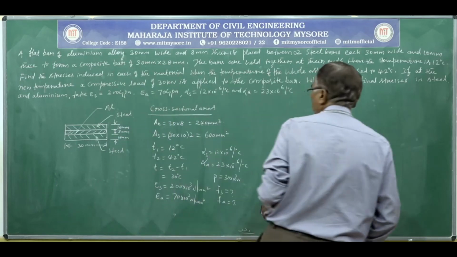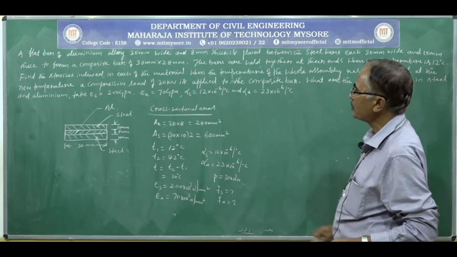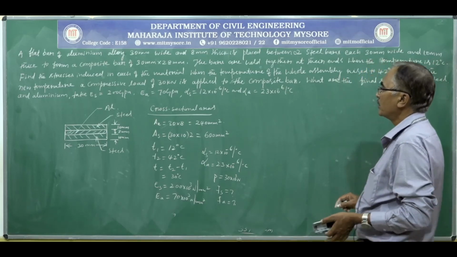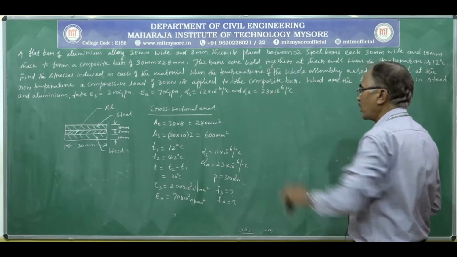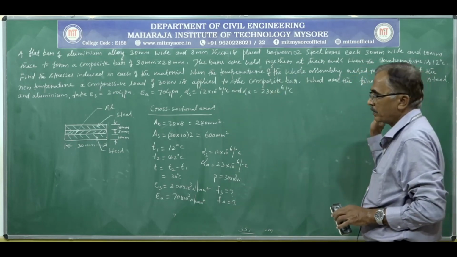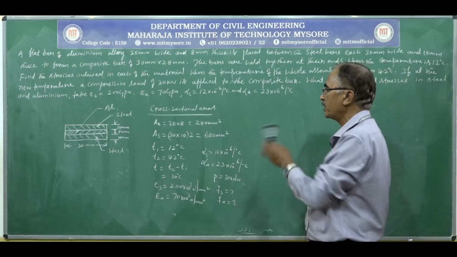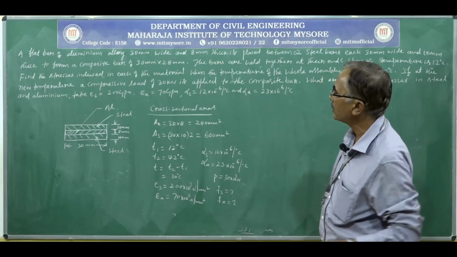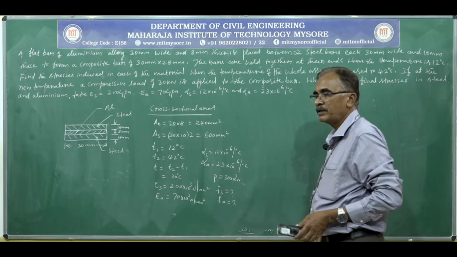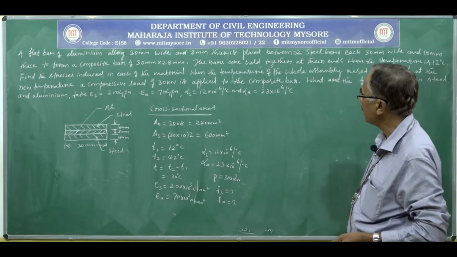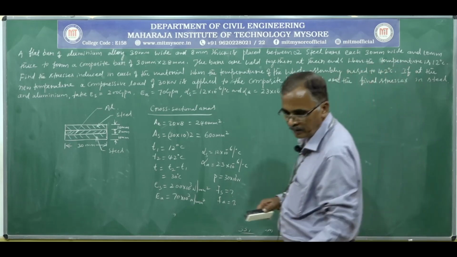The first part of the problem is to calculate the thermal stresses induced in the steel and aluminum based on the thermal stress concept. First we have to write the expression for stress by equating the forces in aluminum and steel. Next, for compatibility you have to write the expression, then substitute the values, you will get the stress in steel and aluminum.